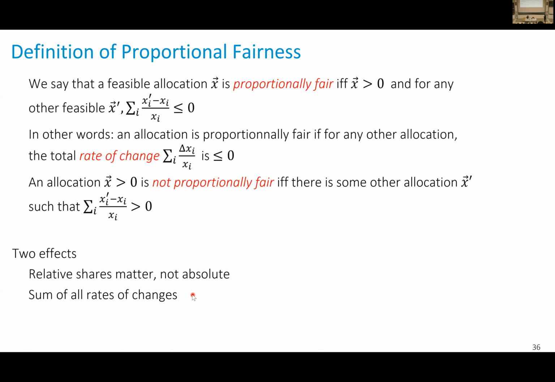It is capturing the fact that, in some sense, it is pointing allocation to the use of resources. And the other thing that it captures is that what matters is the relative share, not the absolute value, as I said before. Whether we change from 100 to 101 or 1 to 2 is a big difference, which is not captured by the max-min fair definition.